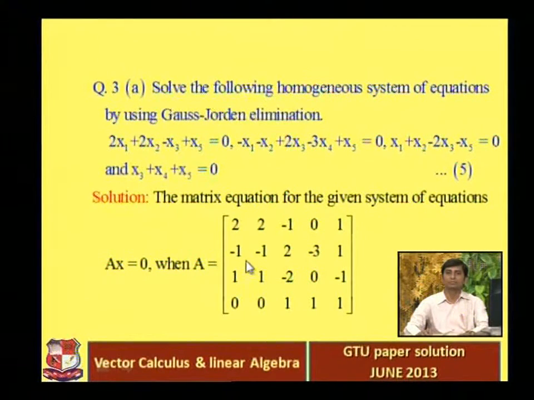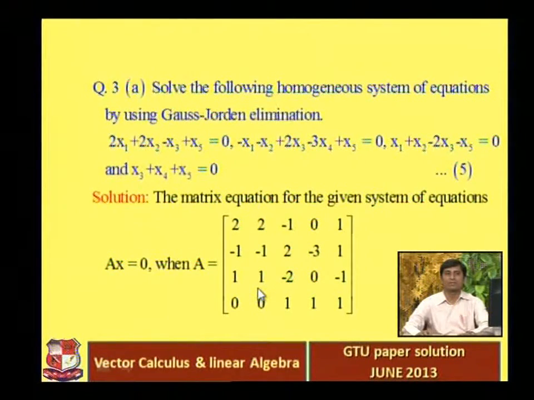The second row comes from the second equation, that is minus 1, minus 1, 2, minus 3, 1. The third row comes from x1 plus x2 minus 2x3 minus x5 equal to 0.